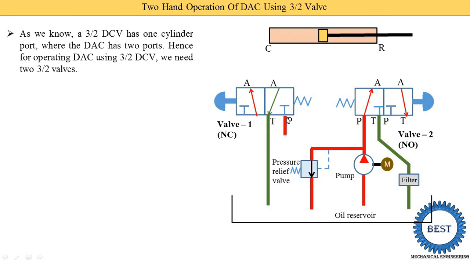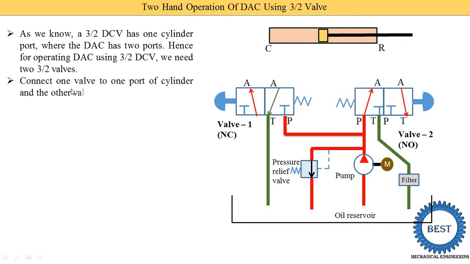Here you see this P port is connected with the outlet of the pump, and this P port is closed, it is normally closed. In valve 2 you see that P is open, that is called normally open. In a normally closed type valve the return is possible, but in a normally open type they supply the pressurized oil to the actuators.